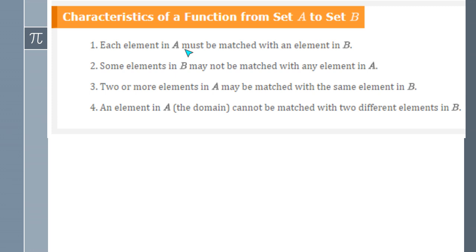And then two or more elements in A may be matched with the same element in B. And then an element in A cannot be matched with two different elements in B. And number 4 is the big one that tells you if this is a function or not. So let me just give you an example here.